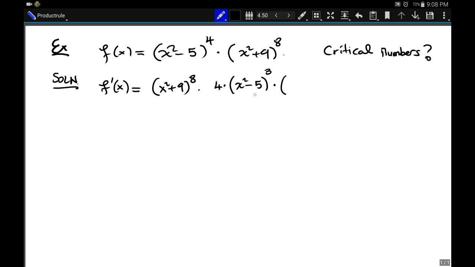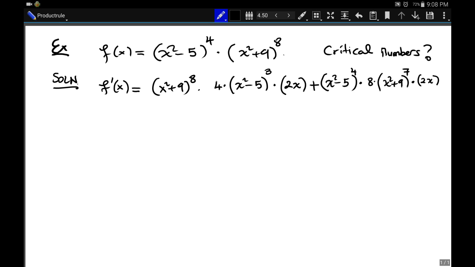Derivative of x squared minus 5 is 2x. Plus, now keep the first one and differentiate the second one: 8 times (x squared plus 9) to the power 7 times 2x.